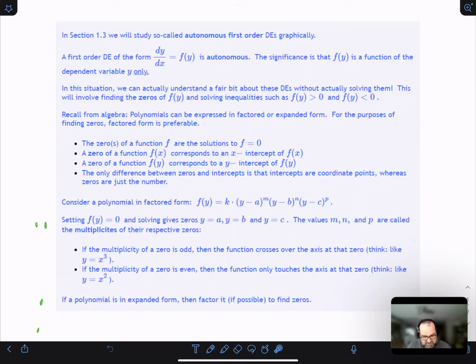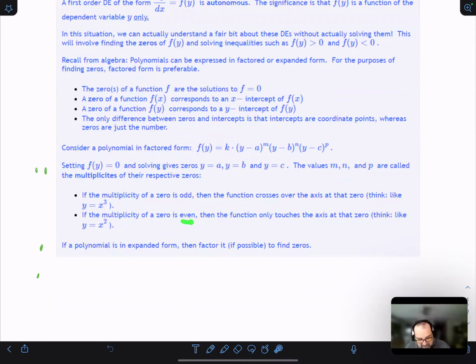Y equals x cubed has a 0 at x equals 0, and that is a place where the graph crosses over the axis. On the other hand, if the multiplicity of a 0 is even, then the function only touches at that point. So think of it as being like y equals x squared. Y equals x squared has a 0 at 0, but the graph of the function only touches the 0 and goes back again. It does not cross over.